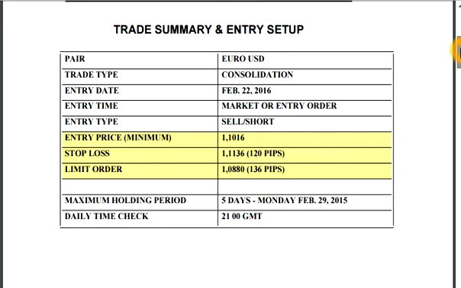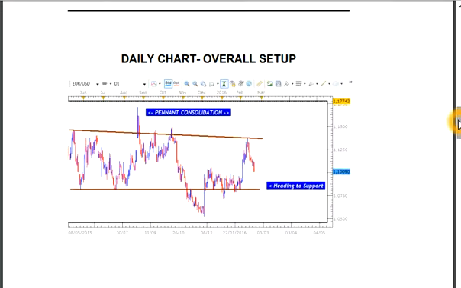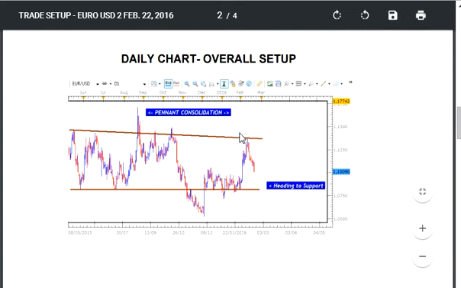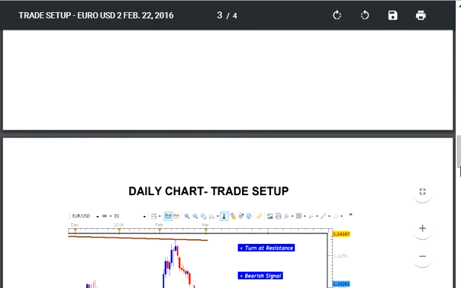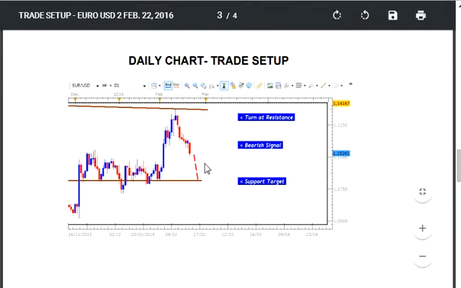Trading within consolidation. This U-turn appeared at the newly formed resistance boundary, and it's now giving us another signal in the form of a bearish engulfing candlestick formation to head towards the support boundary.